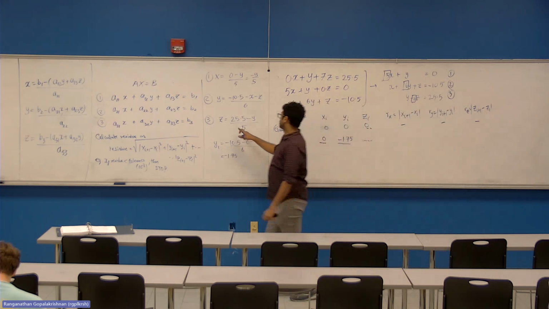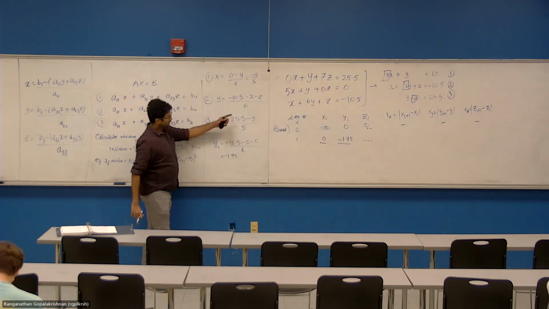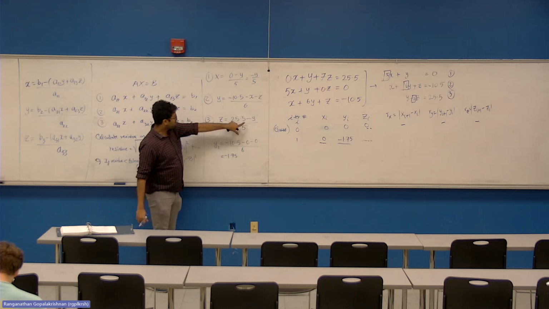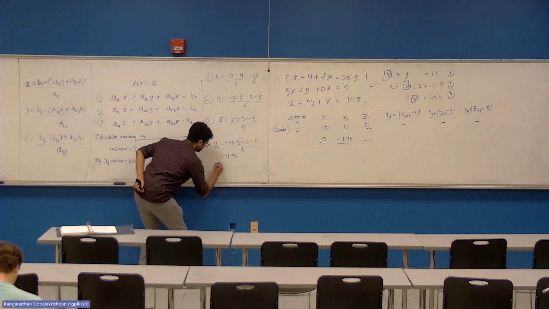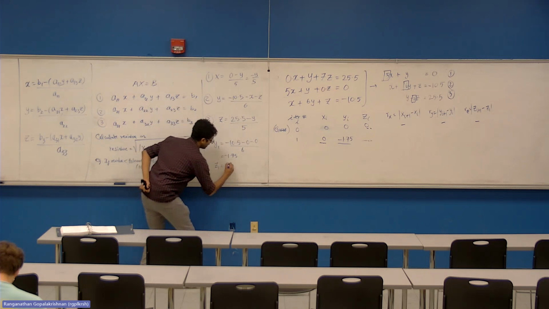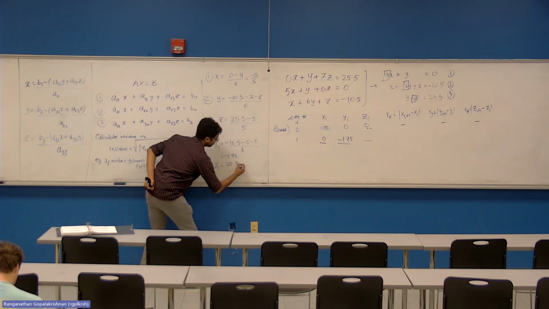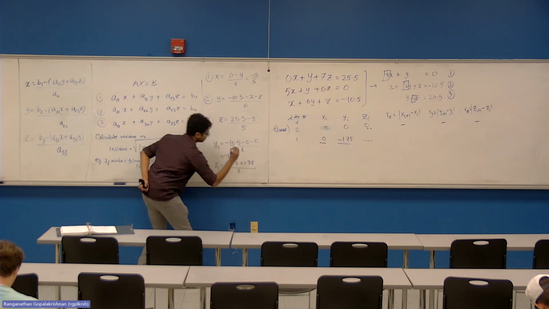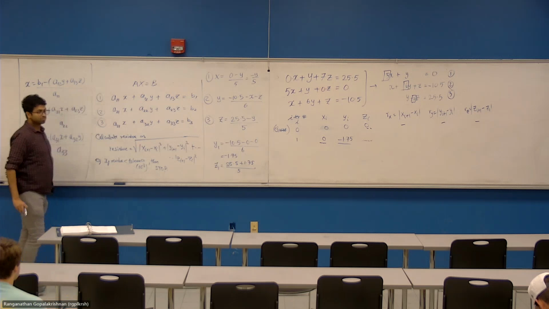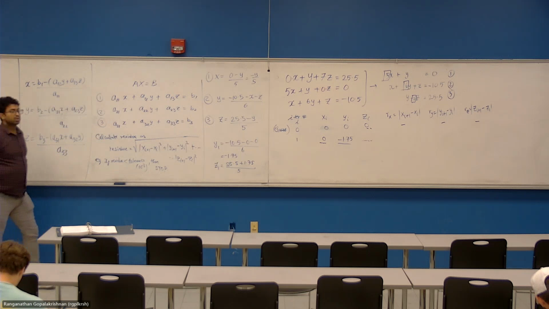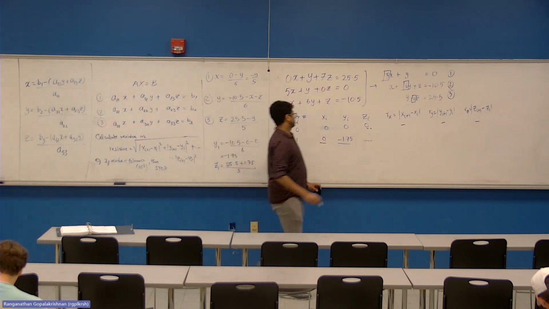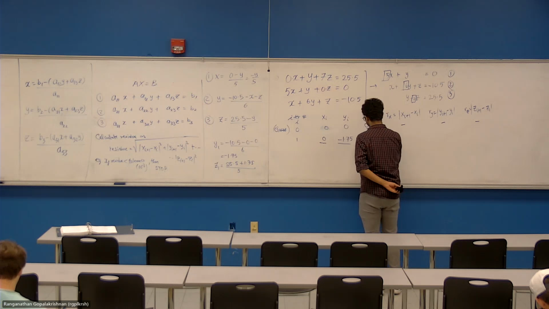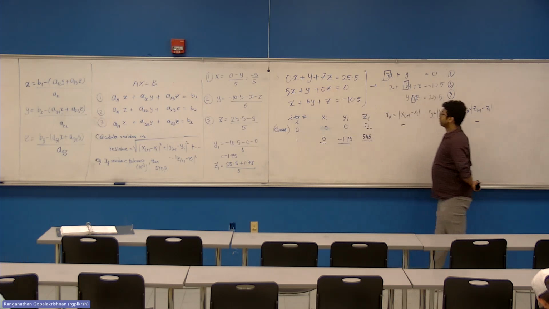So go use equation 3. X doesn't appear here, but y appears. So you would have z1 equal to 25.5 plus 1.75 divided by 5. Can you tell me? 5.45.